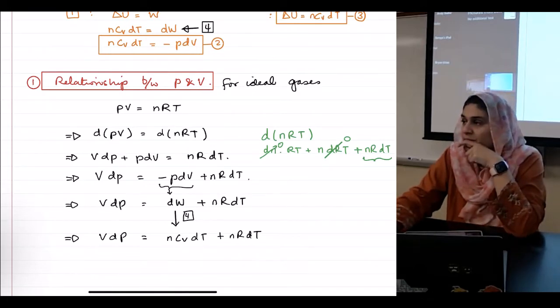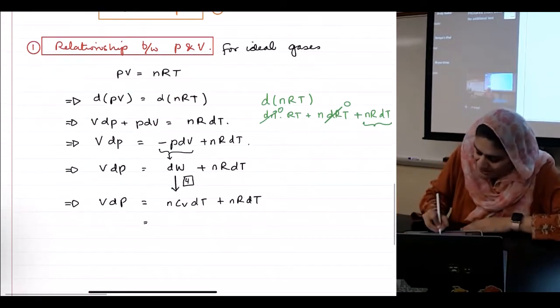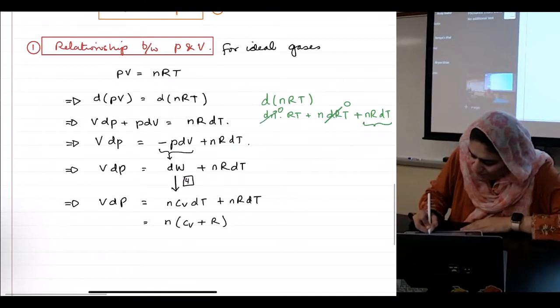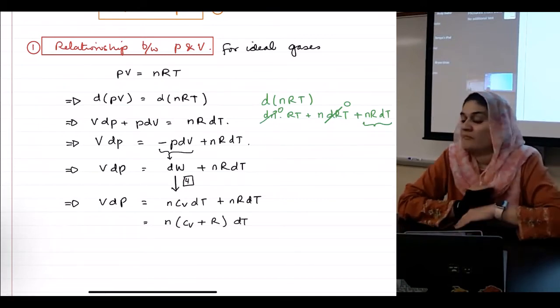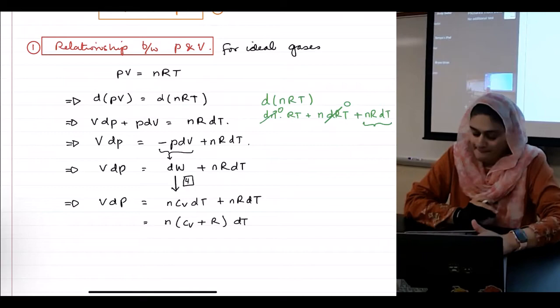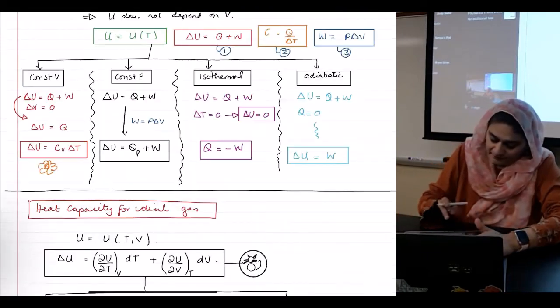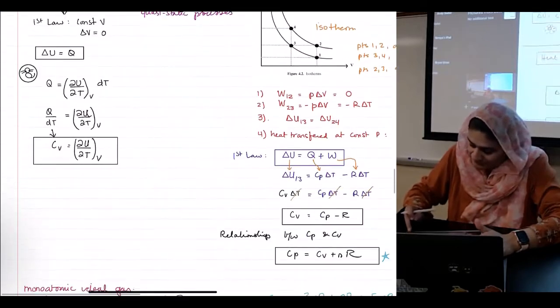So far, so good? Okay. May I rewrite this as n(CV plus R)dT? Yes? What was CV plus R? I'm going to forget where we did that. Right there.